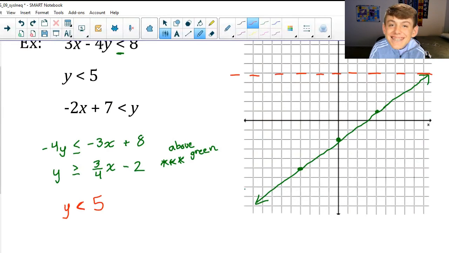So since it's y less than, we'll make it a dashed line. Let me extend my green line a little bit. Oops, not green. Let's go back to red.